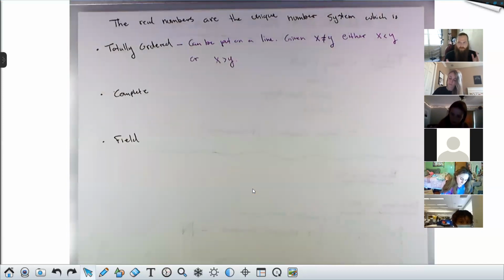So you give me 2 distinct real numbers, one of them has to be bigger than the other. That's what it means to be totally ordered. The natural numbers, the integers, and the rational numbers are all totally ordered. The complex numbers are not totally ordered. That's a fun fact. The complex numbers have a partial order based on their modulus, but they're not totally ordered.